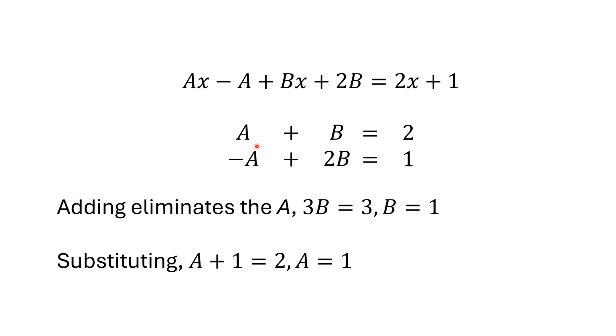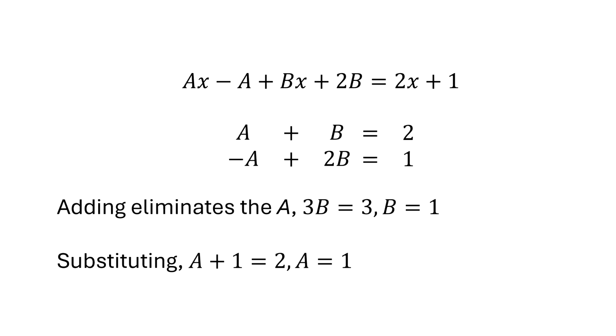Now I can go back to either of these two equations and substitute the 1. So this one looks nice since it has a positive number, but it's not really that hard with the negative. A plus 1 equals 2. Well, the problem is now, can I subtract 1 from each side? And I don't even need my calculator for that. A equals 1.